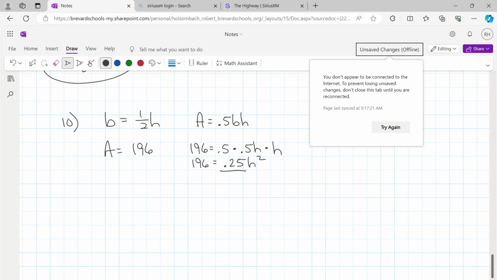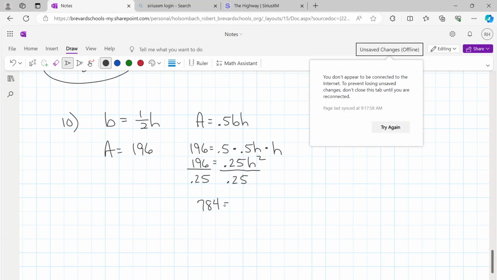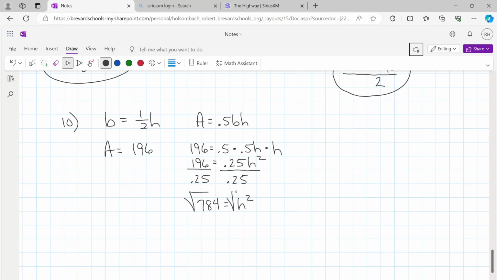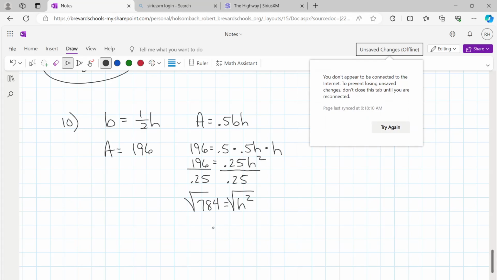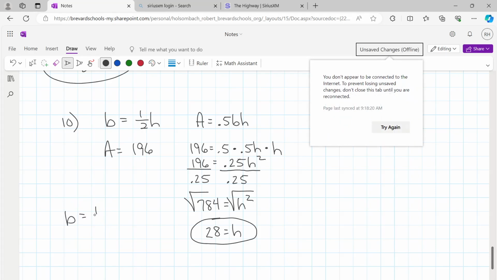We can divide both sides now by 0.25. And 196 divided by 0.25 is 784. And that's equal to h squared. And then find the square root of each side. So 28 is equal to our height. If 28 is equal to our height, then our base is equal to 1/2 of 28. And our base then is equal to half of 28 is 14.